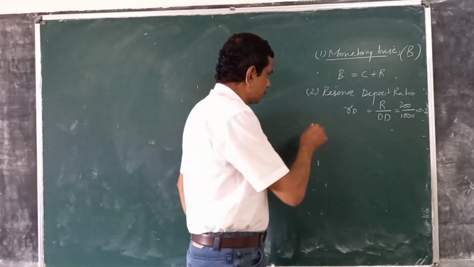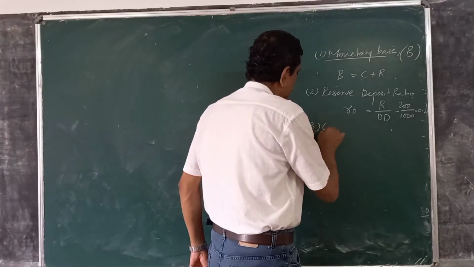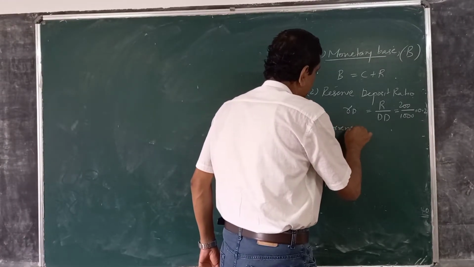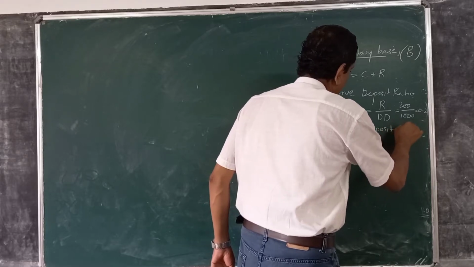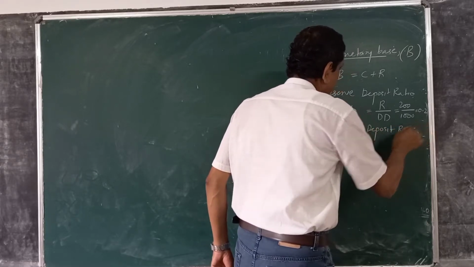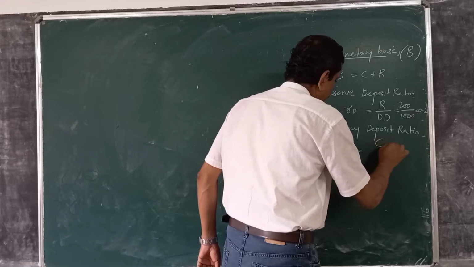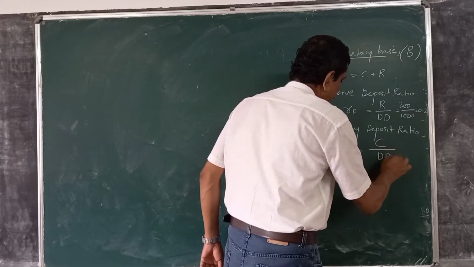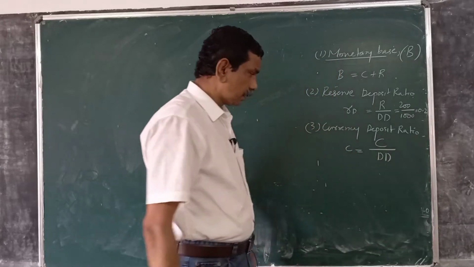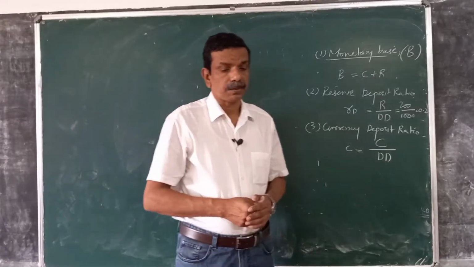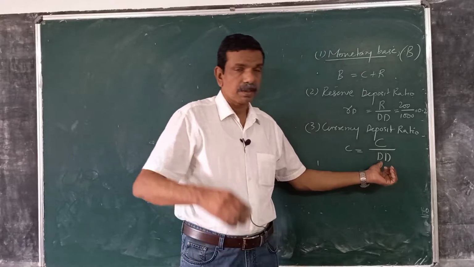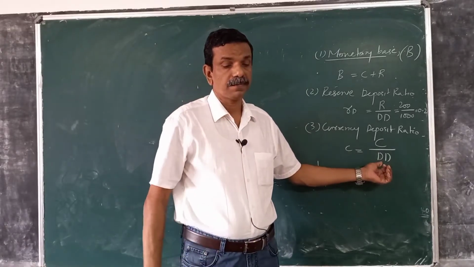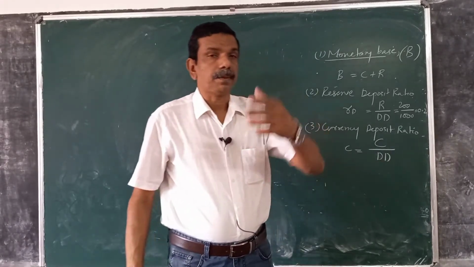The third one is currency deposit ratio. I define it as small letter c, C by DD. Currency deposit ratio: the amount of currency held by the public as a fraction of demand deposits.